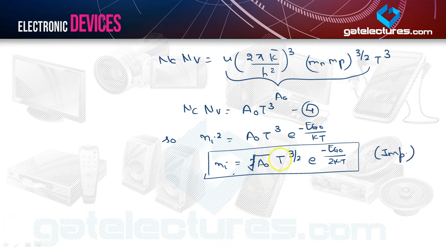Okay, understood. So we can say that Ni is proportional to T to the power 3 by 2. It depends on the temperature. So as your temperature increases, your Ni increases.